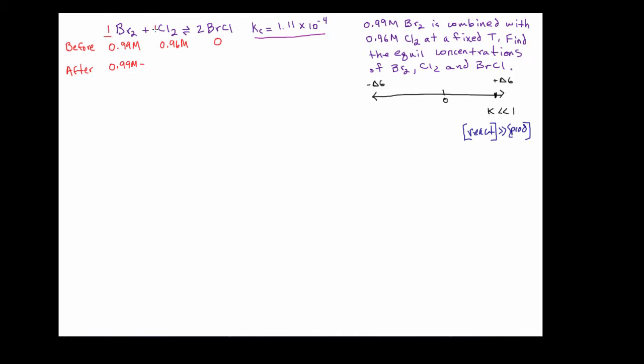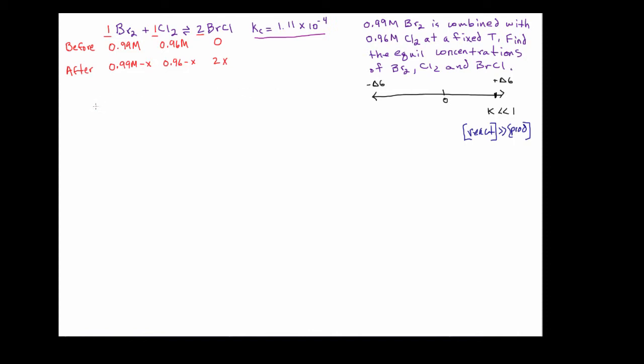Notice that there is a 1 in front of the Br2 and a 1 in front of the Cl2. So the change that occurs for the Br2 will be minus x, and the change for the Cl2 is also going to be minus x. The change for the BrCl, since the coefficient is 2, is going to be 2x.